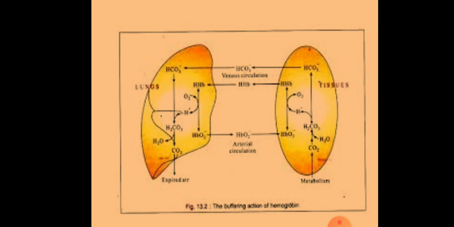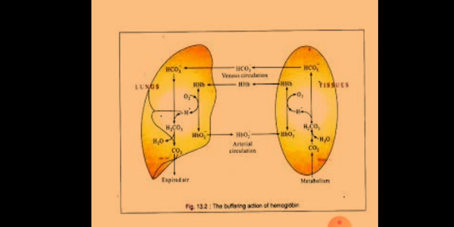Now this HHb from the tissues reaches the lungs. Along with that, the bicarbonate ions produced from H2CO3 also enter the lungs. In the lungs, hemoglobin binds with oxygen and thereby releases H plus, forming oxyhemoglobin.